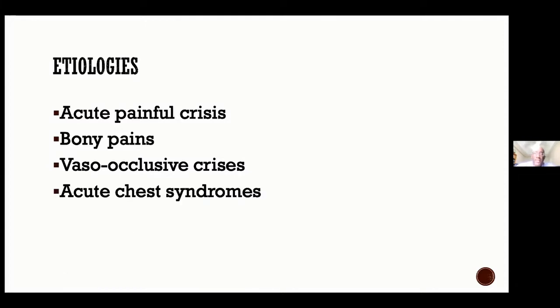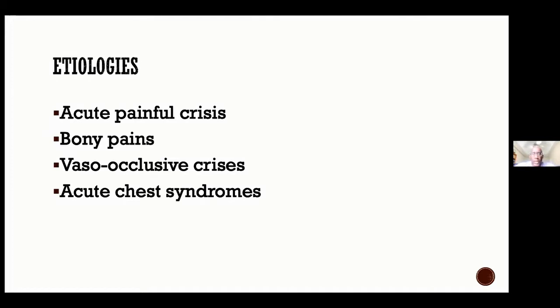Acute chest syndrome, again, is associated with pain in a localized area. This pain is quite significant because you have oxygen diffusion issues within the lungs, but because of the whole vaso-occlusive phenomenon, you also get a lot of pain when the patient tries to take a deep breath, which further compromises their respiratory function.